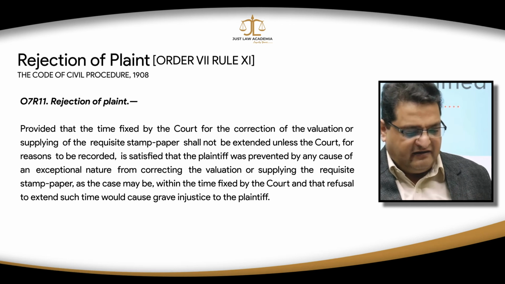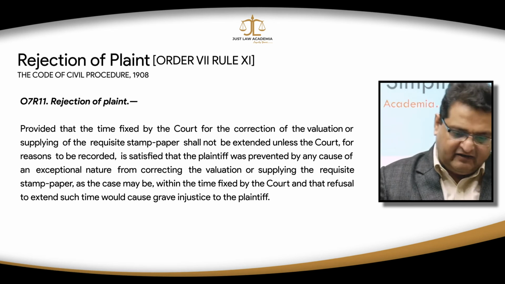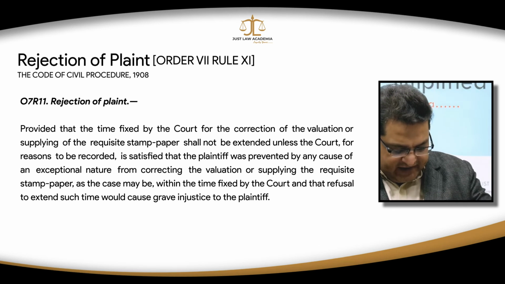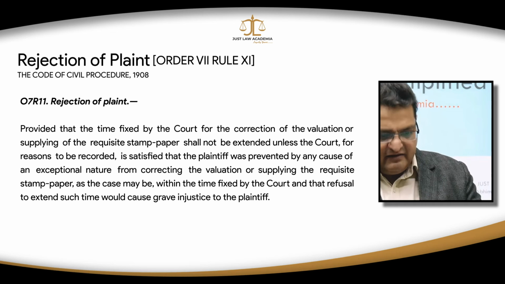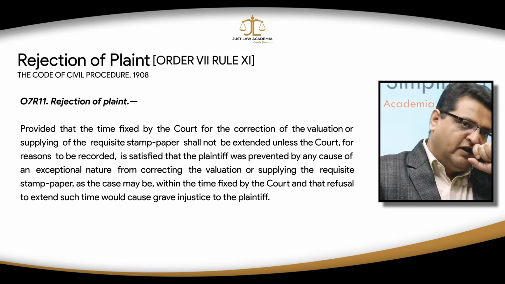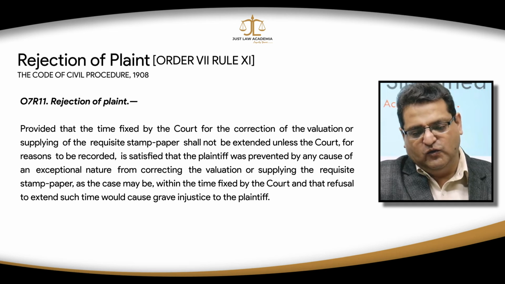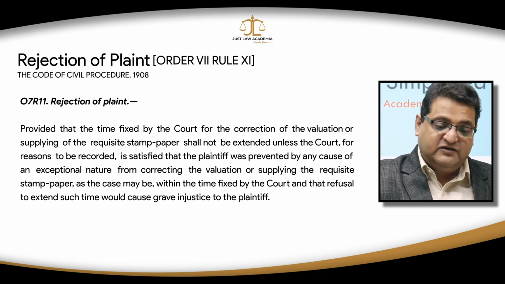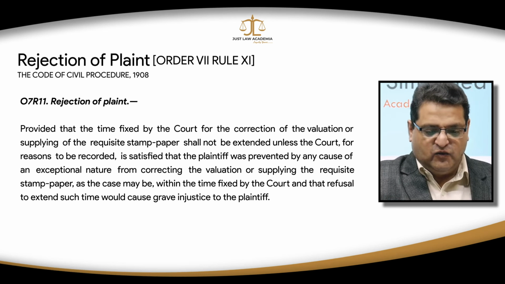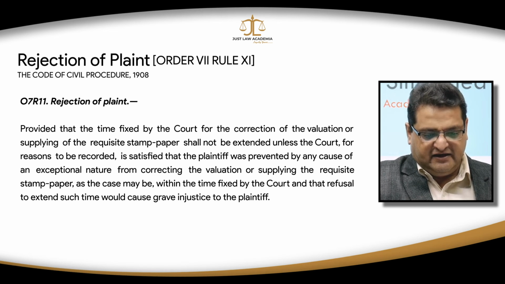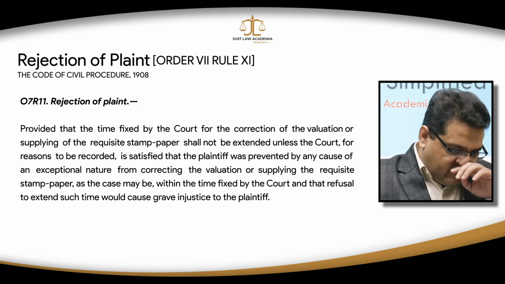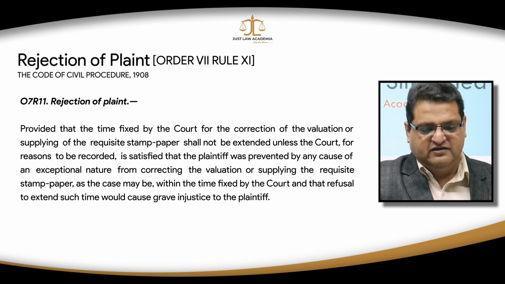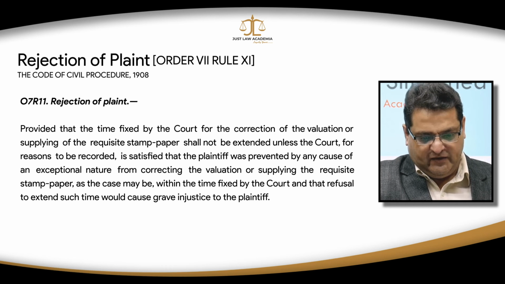So, as I said earlier, there is a difference between dismissal of suit and rejection of plaint which you have to understand. When the plaint is to be rejected, it should be rejected as a whole. It cannot be rejected in part. But Order 6 Rule 16 provides that the court, if it finds certain averments of fact which are scandalous, vexatious or frivolous in nature, those could be struck down, fine.